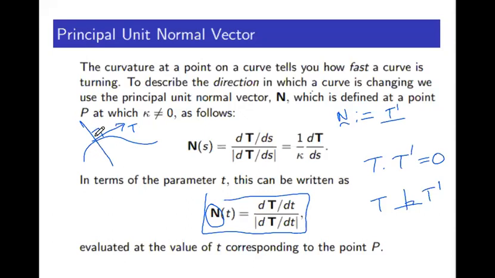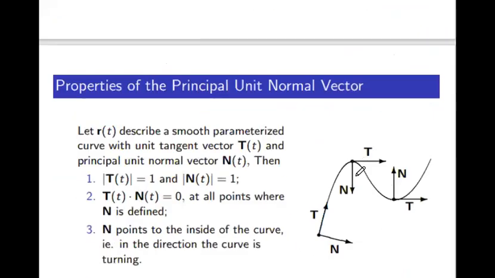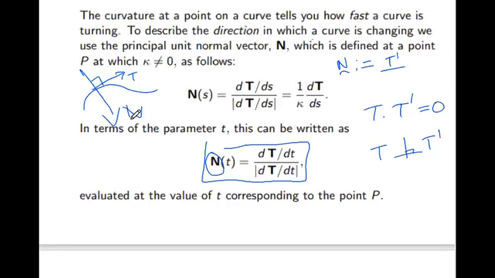We don't know the exact direction yet, but if you find it, you will realize the direction toward the curve's bend. So this is N. N can be expressed in terms of the s variable using the chain rule, and can be expressed in terms of s or t. Got it?